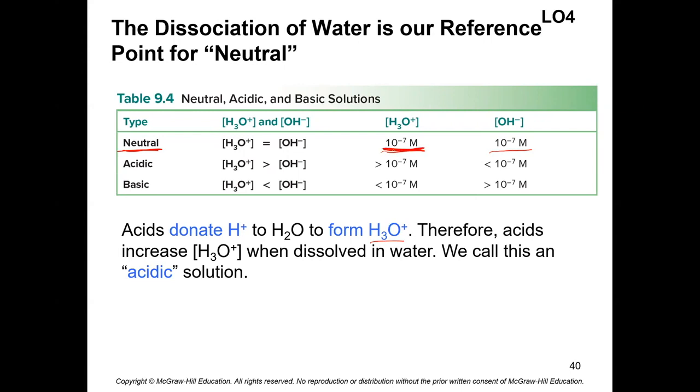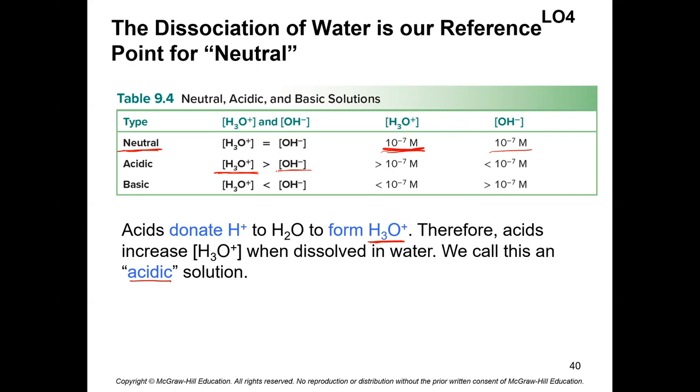Now I've added acid to that water, so I'm increasing the amount of H3O plus, because my acid is going to donate that proton to water to form H3O plus, or hydronium. Therefore, acids increase the hydronium concentration when you add them to water, and this is what we call an acidic solution. An acidic solution is characterized by more H3O plus ions, or hydronium ions, than hydroxide ions.